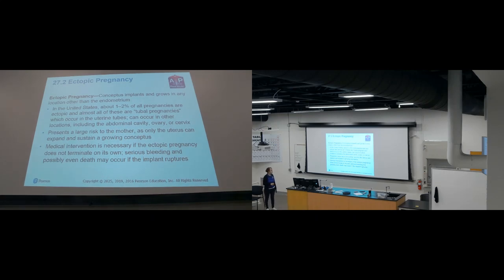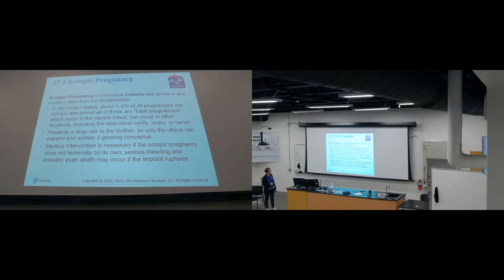When you have these pregnancies, you have the risk of rupture, of course, of the fallopian tubes, because they are not wide enough to allow the growth of the baby there. And that can lead to bleeding and death of the mother if she doesn't receive proper attention.